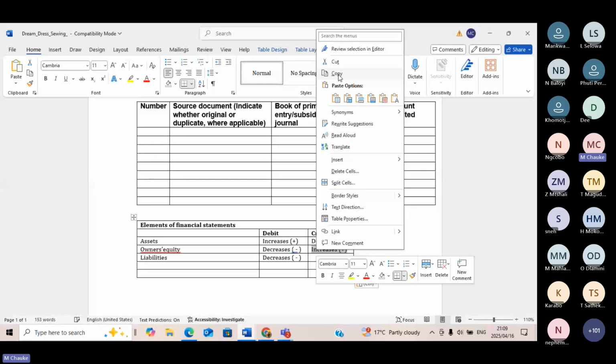And then we have income, that is number 4. Income increases on the credit side, and it decreases on the debit side.